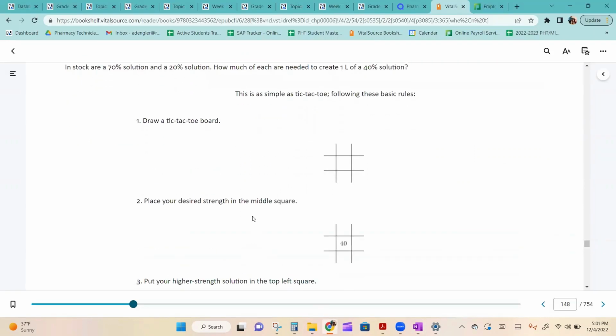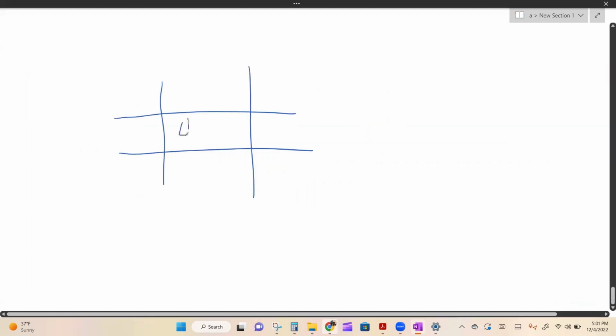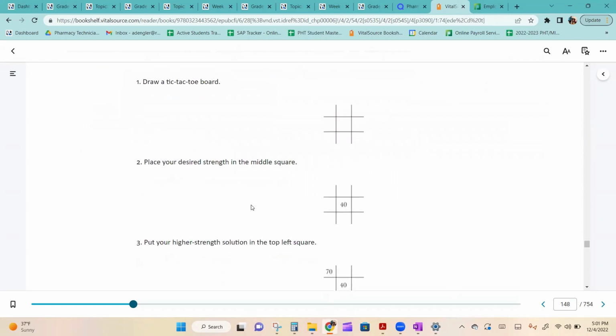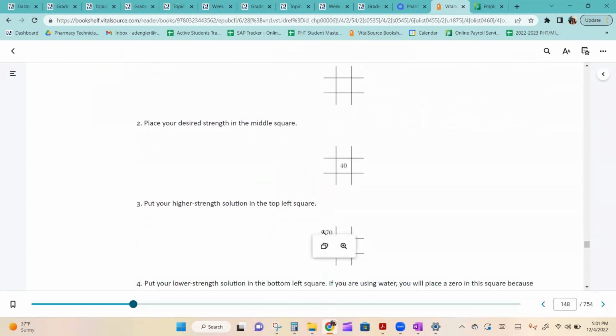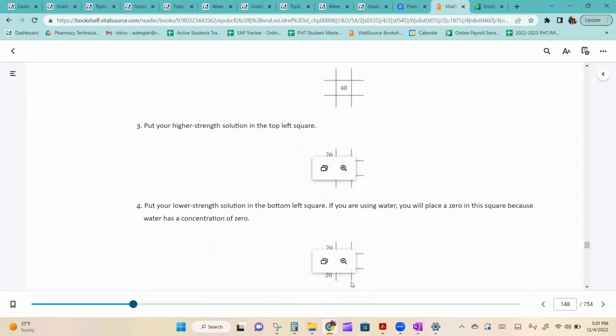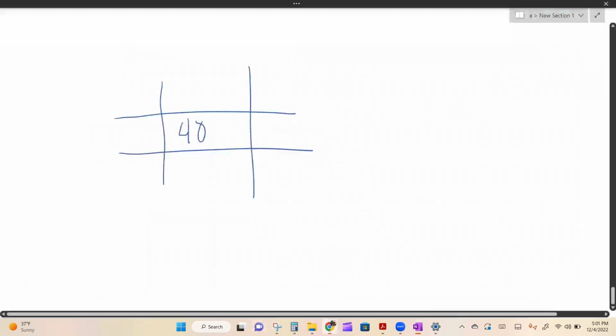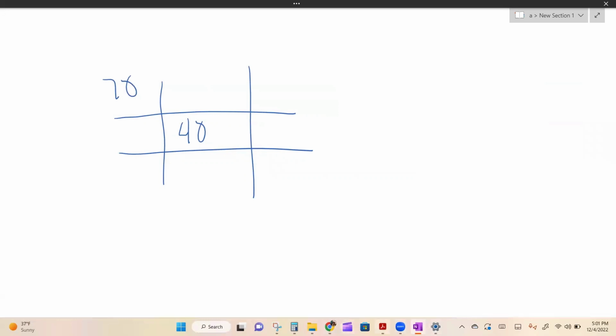Place your desired strength in the middle, which was 40. We're going to put our higher strength in the top left square and our lower strength in the bottom left square. So 70, and that was 20.